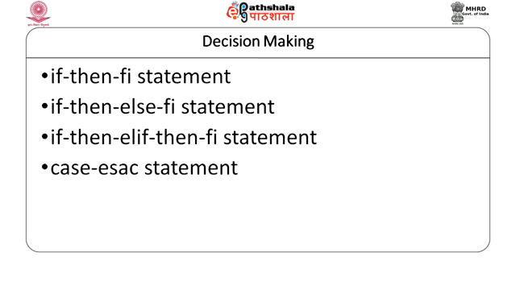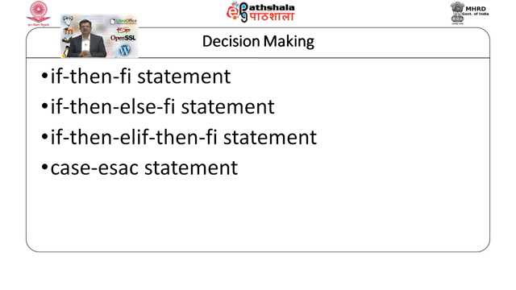Moving ahead, we will discuss decision making. In shell programming, there is a way to provide conditional statements like if then else, if then elif, and finally case and esac. There are three ways of using the if condition. In the first, we provide a single condition: if condition then fi.